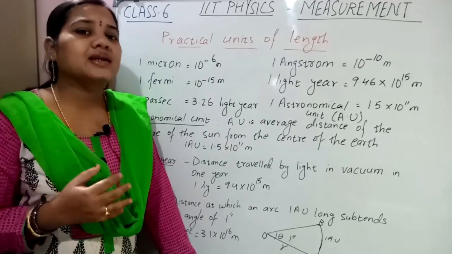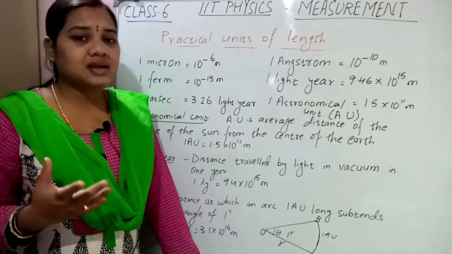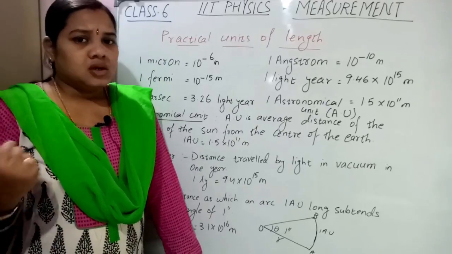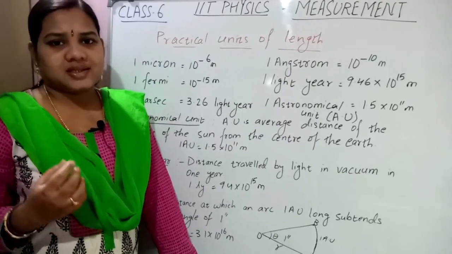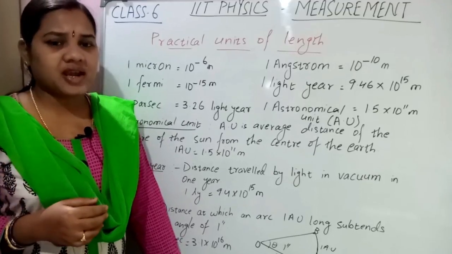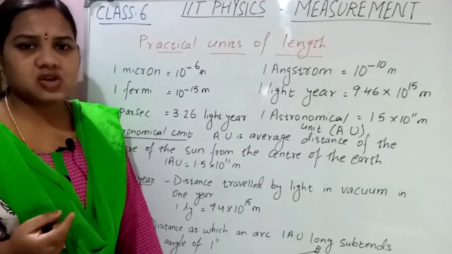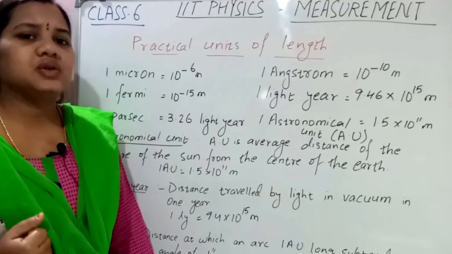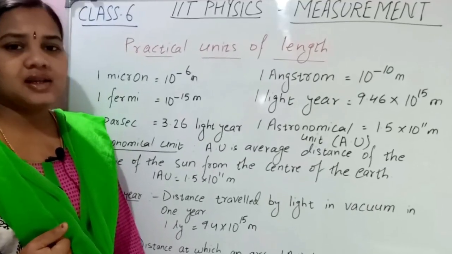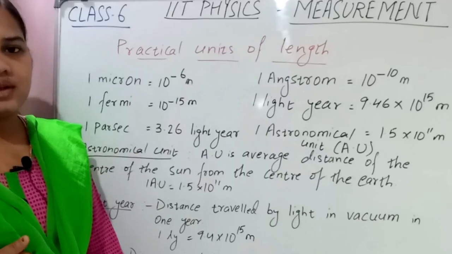They are practical units. Example, hours, minutes. Second is the SI unit of time, but mostly we see the duration in minutes, hours. So that is a practical unit of time. Like that, practical units today we are going to learn.